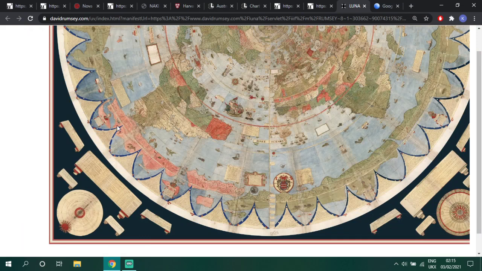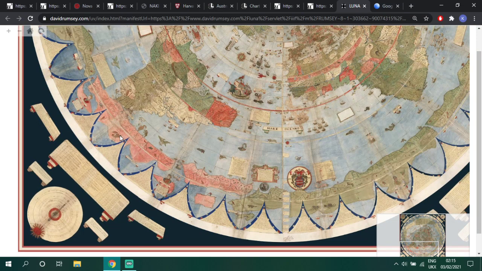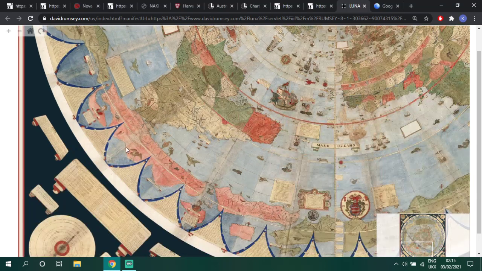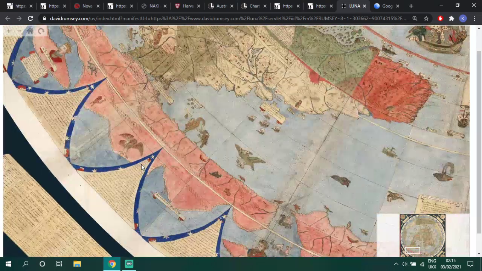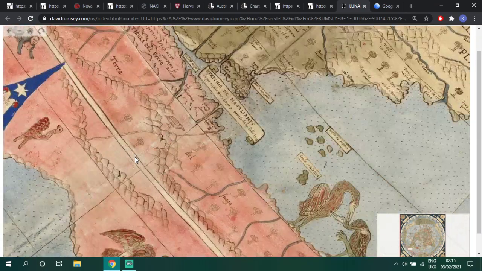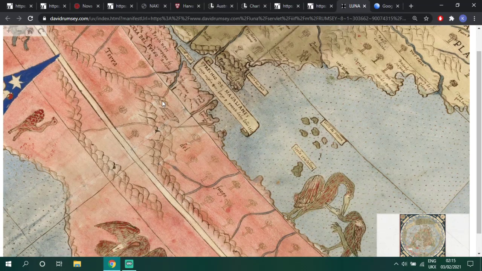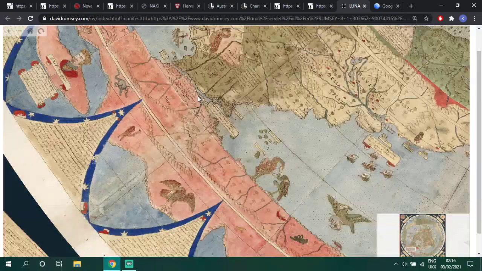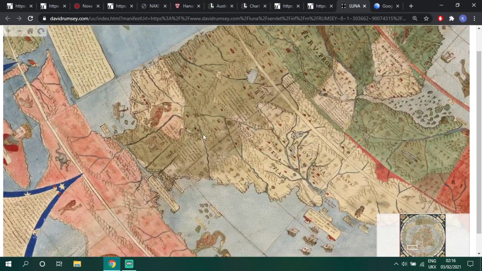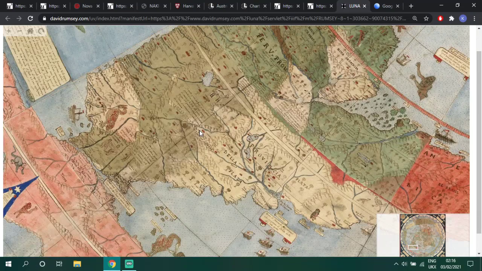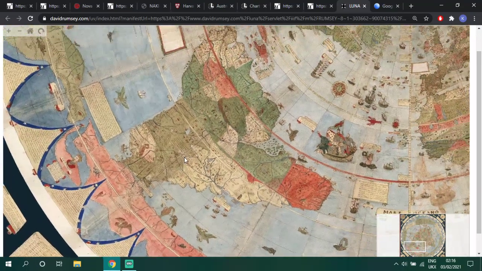There we go. So back to this map now, and we're going to look at this bit for a moment. We're going to talk about Terra del Fuego. You'd be like, what? What is that? Right. This is Terra del Fuego. And Terra del Fuego is connected to, or was connected to, the Pangea theory, South America.